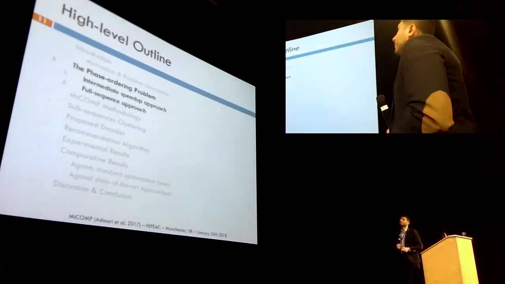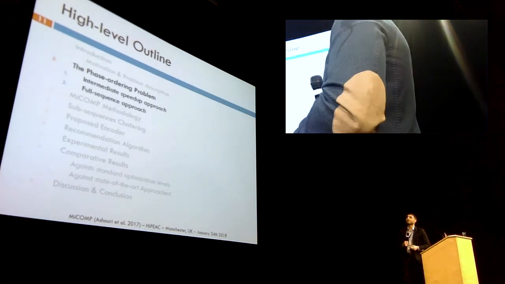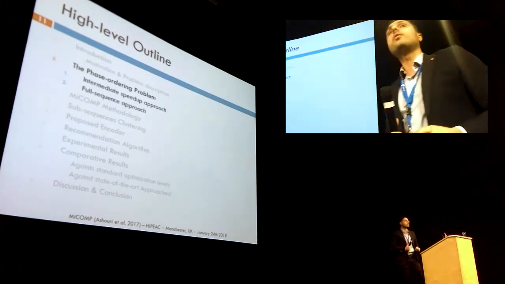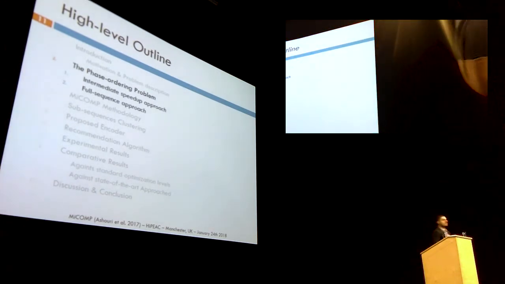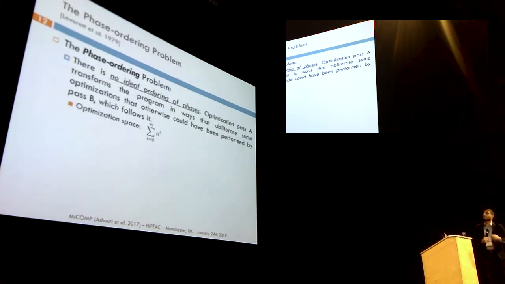All right, so that brings me to defining the difference between intermediate speedup prediction and full sequence prediction, which people have been using for tackling phase ordering in the machine learning domain. So let's have a quick definition of phase ordering. It was first introduced in the late 70s, in 1979.